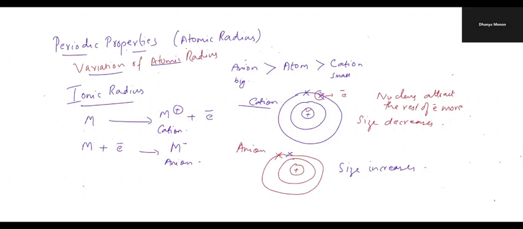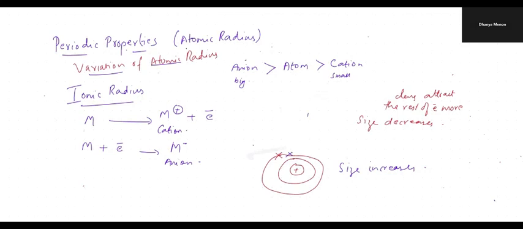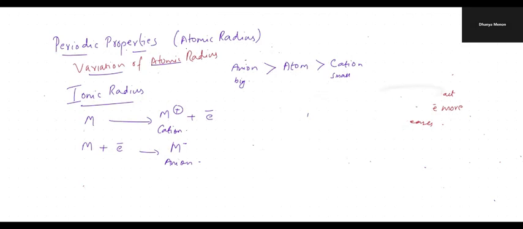Also, one more thing that affects is the electron-electron repulsion. So the size of anion increases compared to cation or the neutral atom. So this order you have to remember: anion is bigger compared to neutral atom, which is bigger compared to the cation.